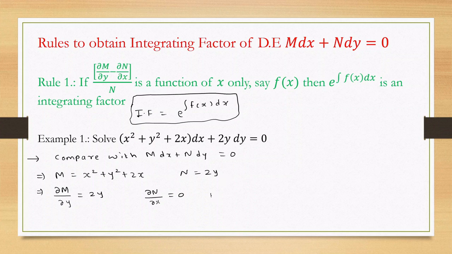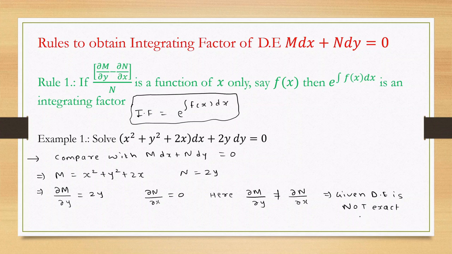So dou M by dou y is not equal to dou N by dou x. So the given differential equation is not exact.